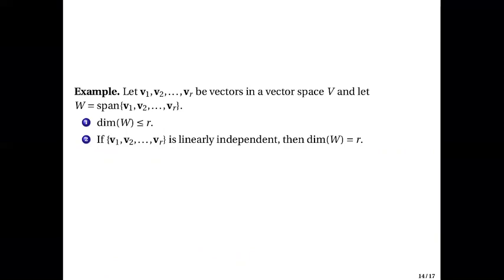If we combine these two, this says that if the set is linearly independent and W is the span of that set, then the dimension of W is R. If the set is not linearly independent and W is the span of that set, then the dimension of W is less than R. So that's these two statements. Questions?